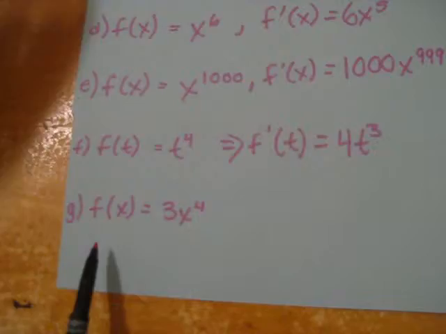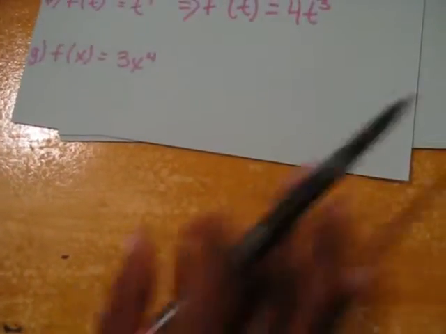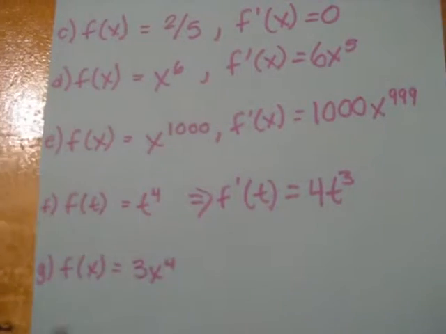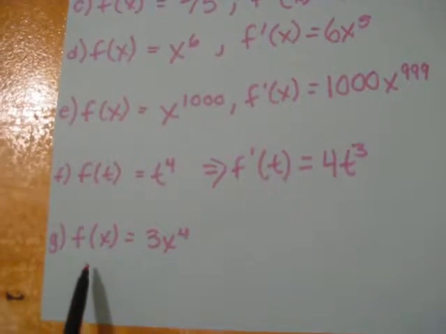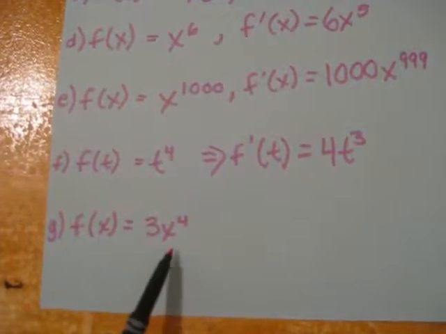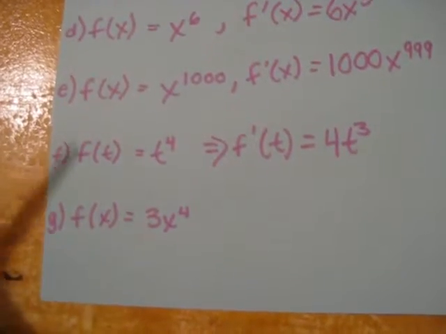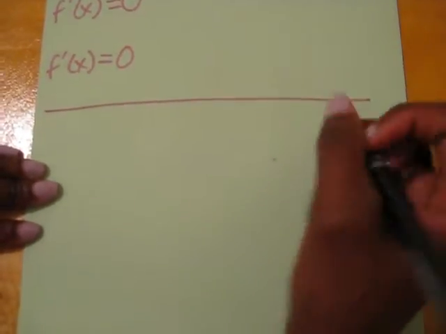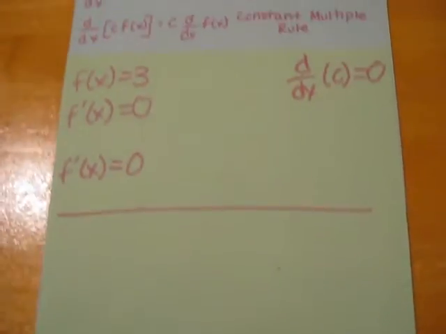Question G here, where f of x equals 3x to the fourth. Now I will rewrite it here so that we can work on that problem, along with the rule.